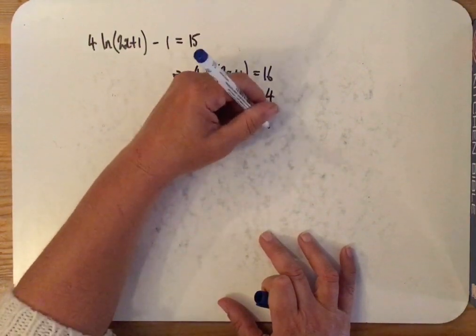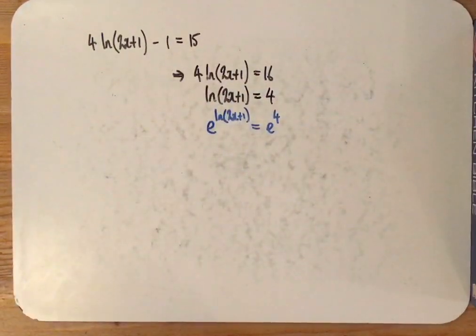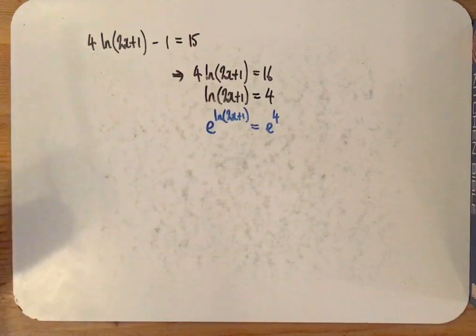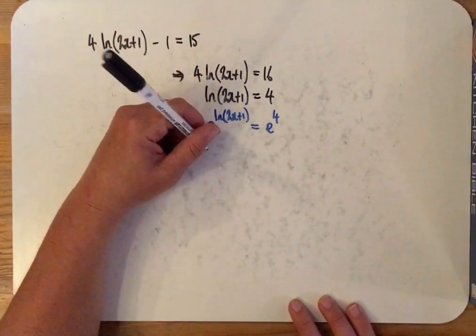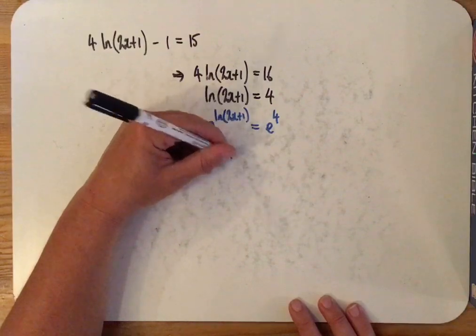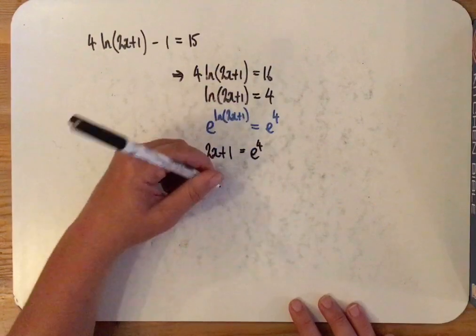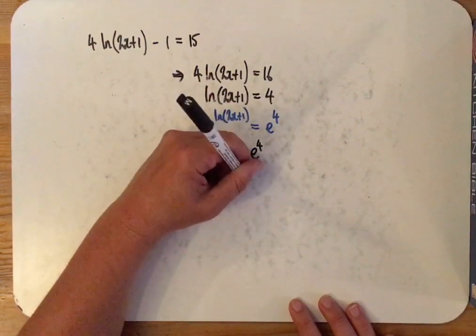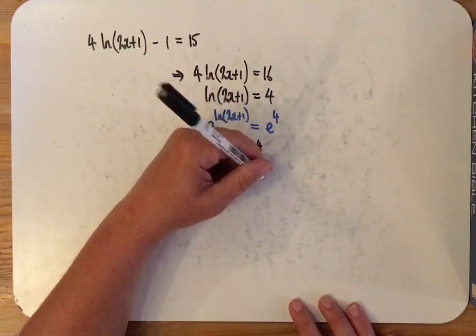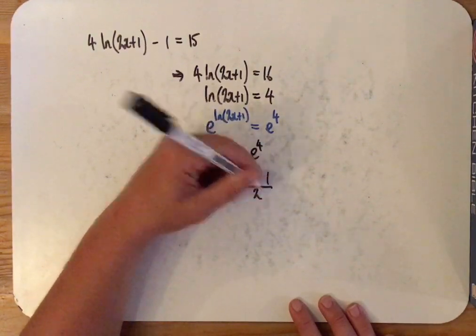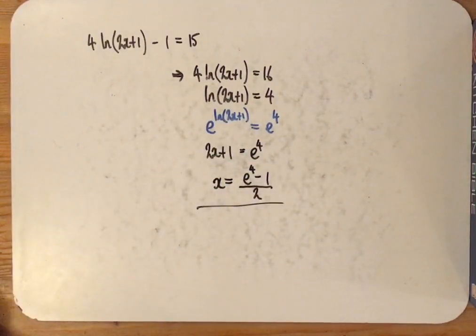You will need this when we start doing integration. And then 2x plus 1 equals e to the power 4. And to leave that in exact form, you can literally just do e to the power 4 minus 1 over 2. Remember, it's an irrational number, but it's fine to leave it in your answers, like pi, and like you leave your ln answers as well. Yeah, that's more exact than writing a decimal.